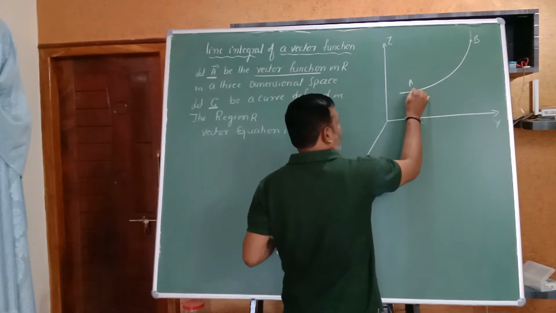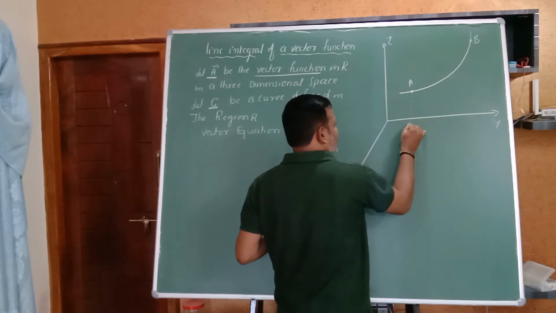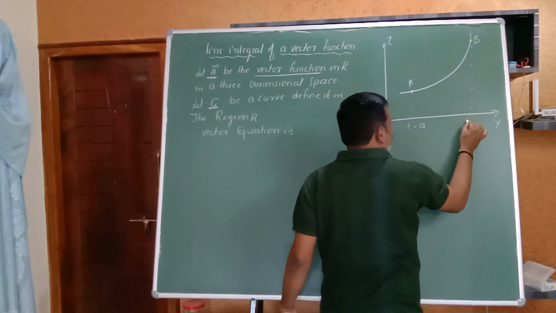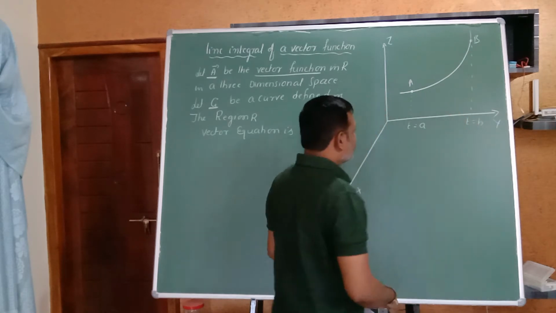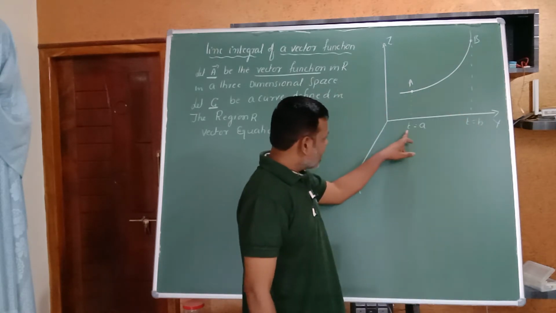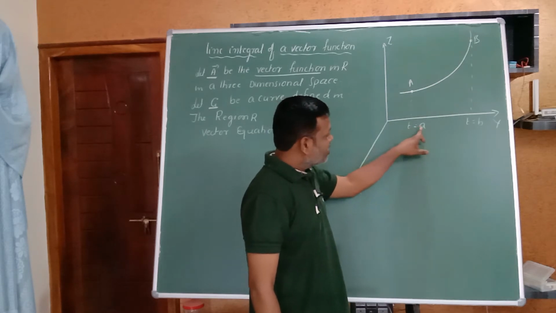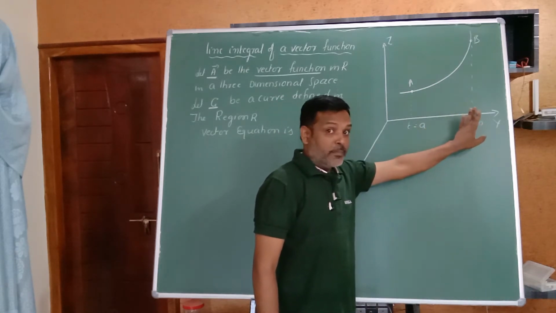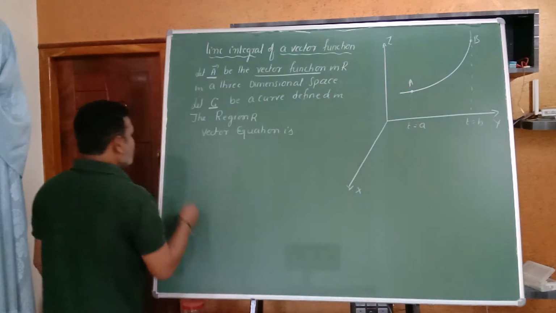Here t is equal to a, and here t is equal to b. That means the parameter t varies from a to b, so a is the lower limit and b is the upper limit.